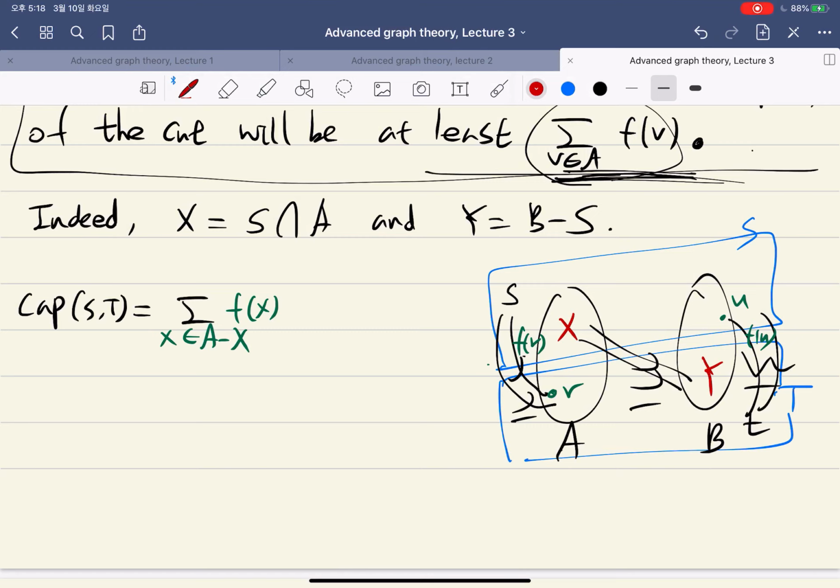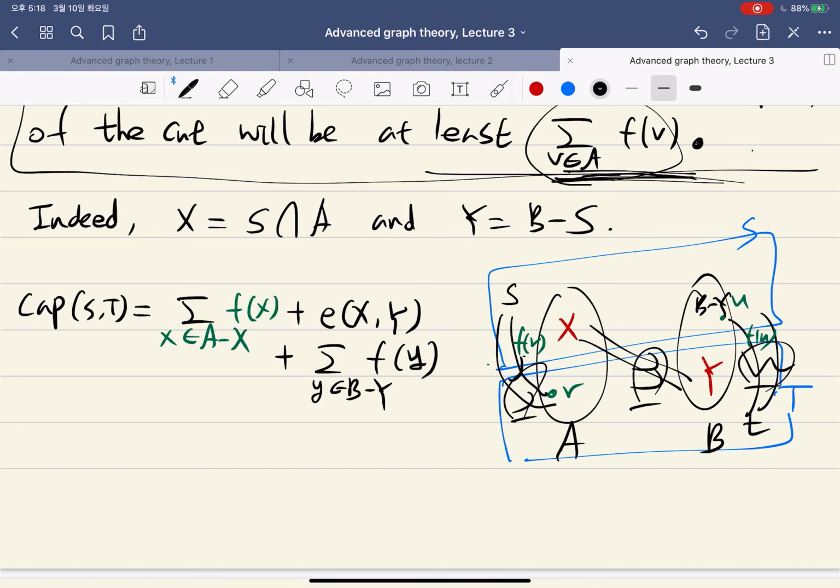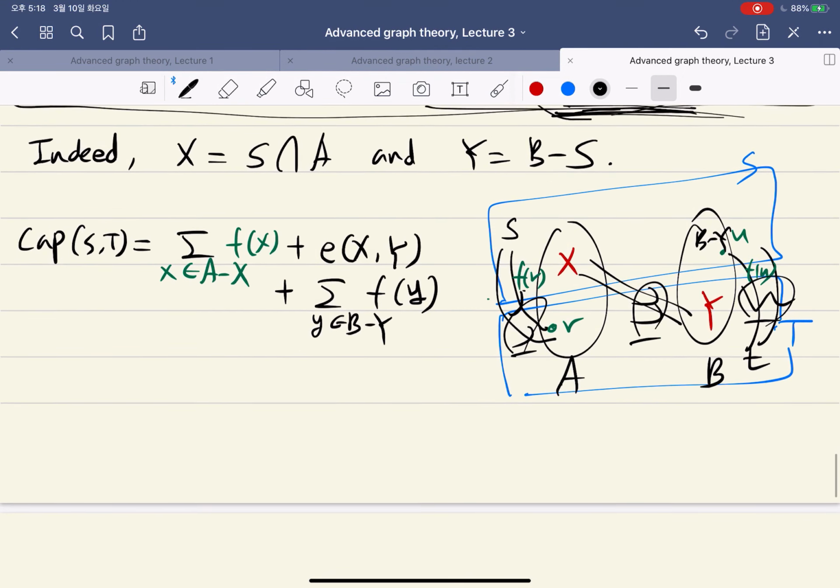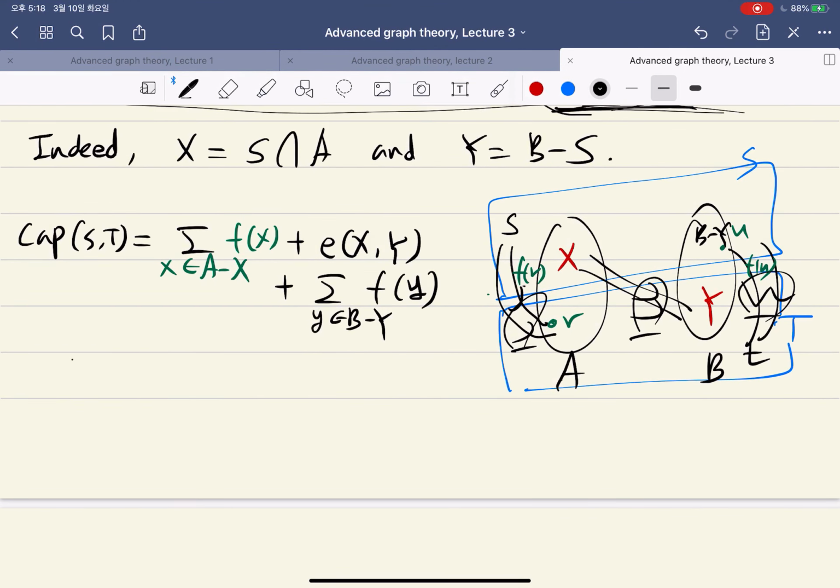Then the size of the cut is this plus the number of edges between X and Y plus the f of y value for y in B minus Y. So this is B minus Y. So those are the sum of these three types of capacity. And how large is this?